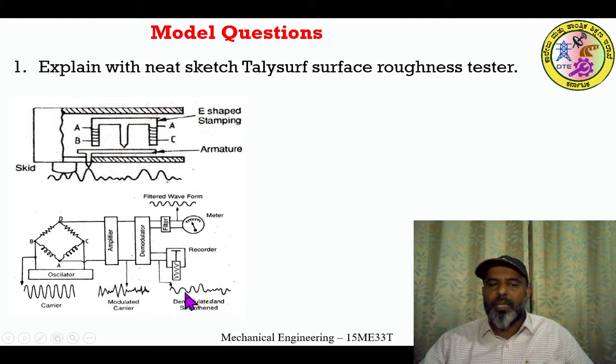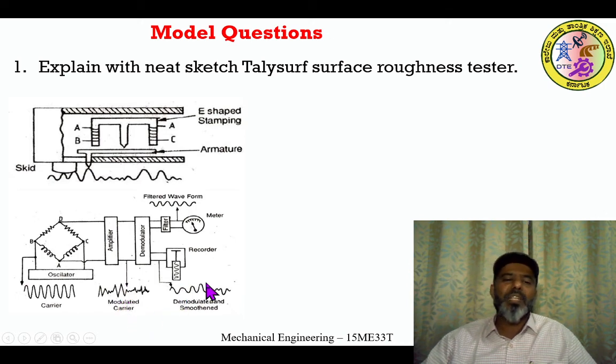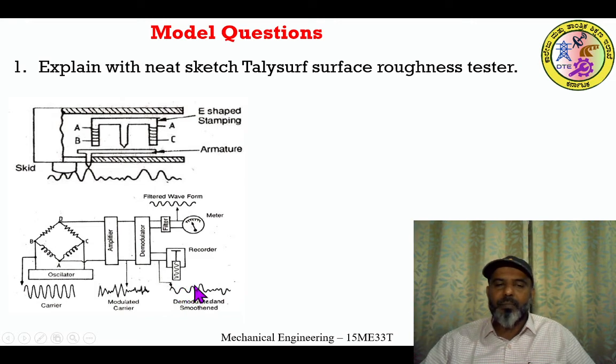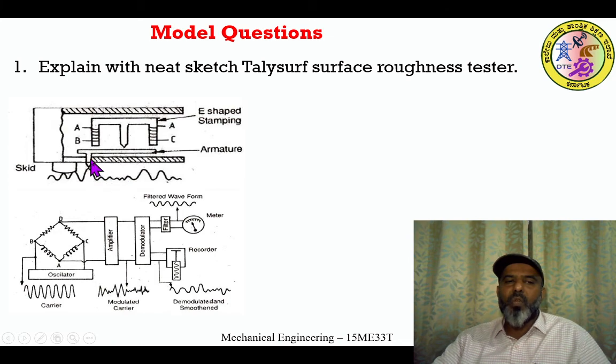If you compare the modulated carrier and the demodulated one, you can see sharp peaks and depths in the modulated carrier, whereas the demodulated surface is smoothened, and it is directly proportional to the variation in the stylus movement.